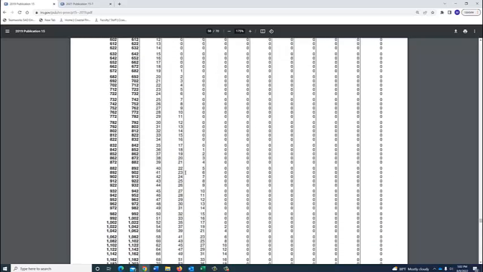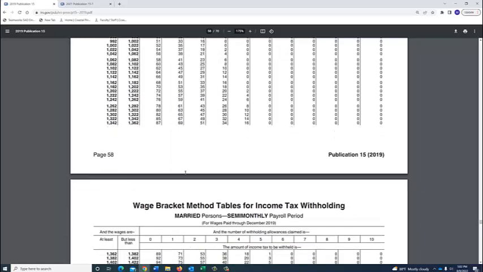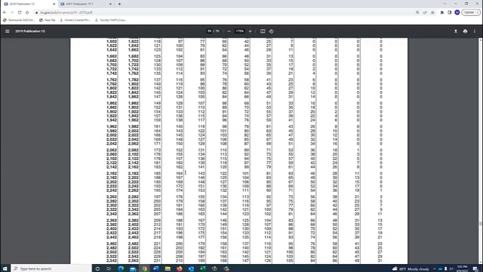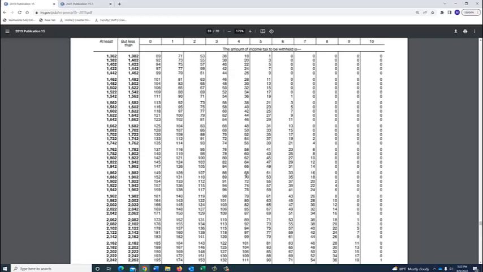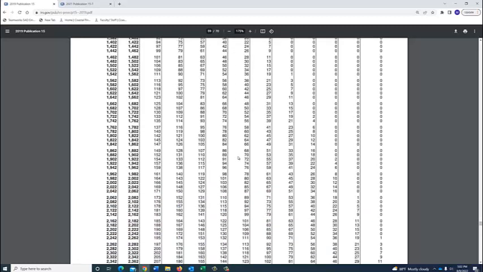So we need to find the $2,174 range. Okay, so that's $2,162 to $2,182, and we know she has 4 withholdings. So this is the 0 withholdings, 1, 2, 3, and 4. So for 4 withholdings, you'll see those at the top. Her federal income tax withholding will be $101.